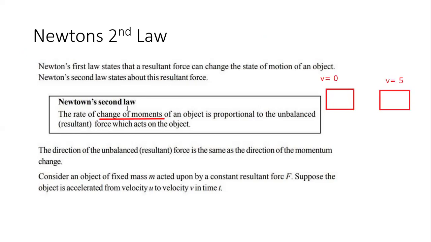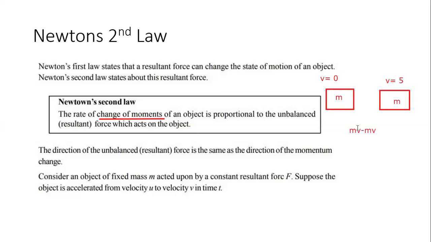When it comes to a change, it should be last minus the first, right? The mass is not changed because we are considering the same object. So the change of momentum can be written down like this: mv minus mv. This is the last momentum, m multiplied by v, and this is the first momentum.